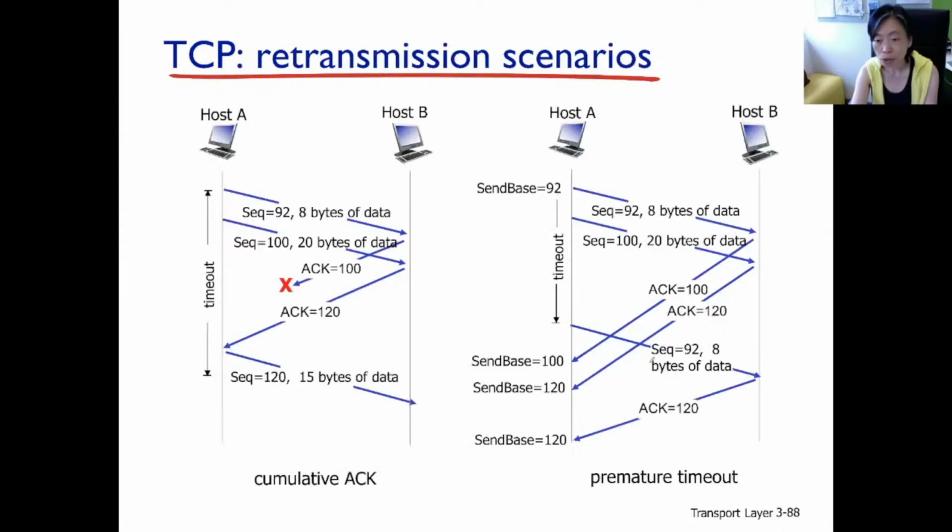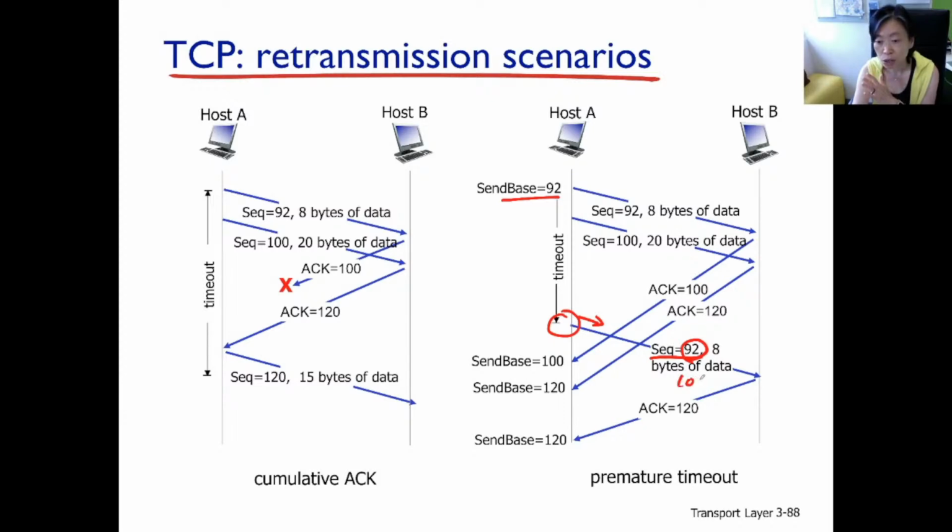But these are also explained in example 3. You'll see in the textbook, the authors will describe it this way. When the timer for send base 92 expires, we only retransmit sequence number 92. But if you recall, in Go-Back-N, we would be what? Retransmitting from the smallest sequence number all the way to all packets that have been sent before but not yet acknowledged.